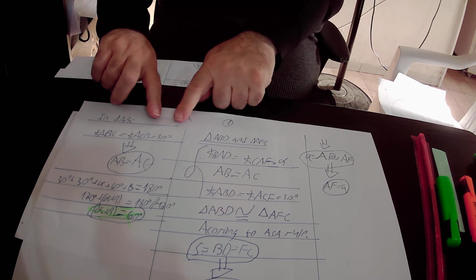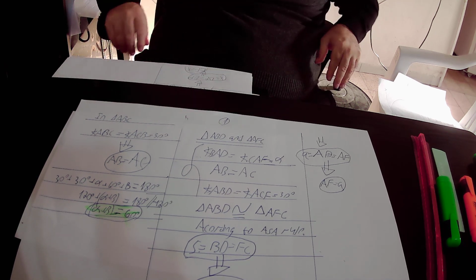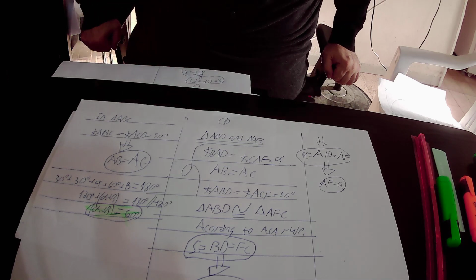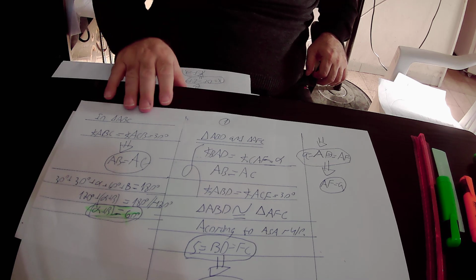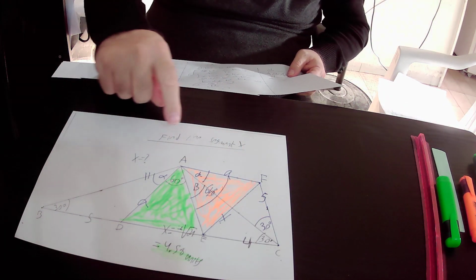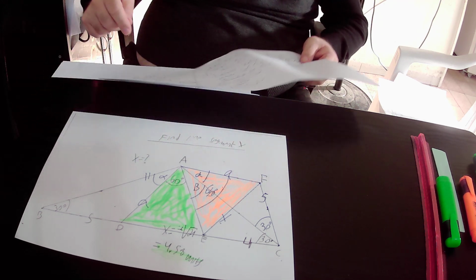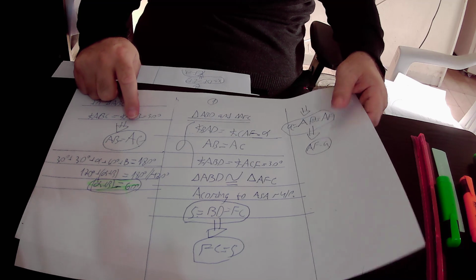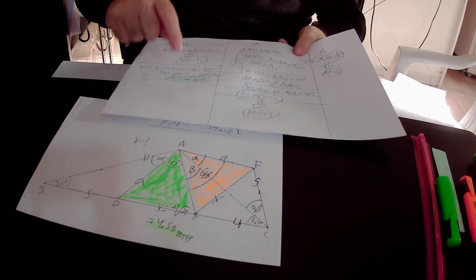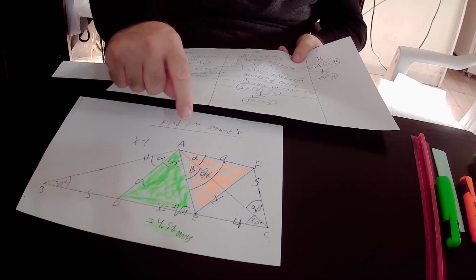And according to the rule that opposite equal angles in a triangle there are equal sides, opposite this angle we have side AB, opposite this angle we have side AC, and therefore side AB equals side AC.